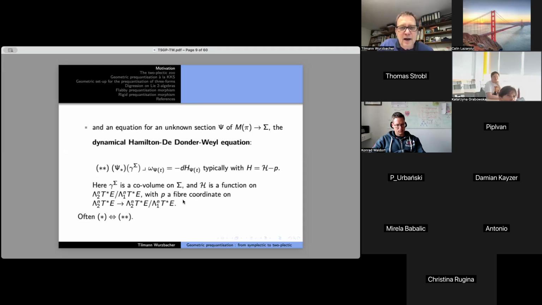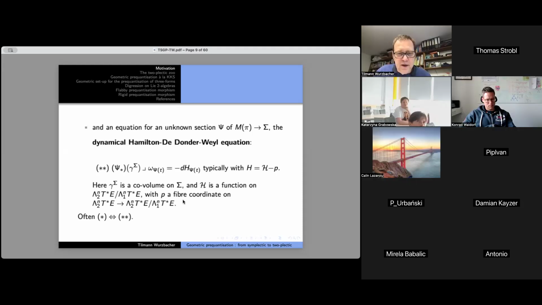And this is the analog of time-dependent mechanics if you work on interval times T star of Q. But you can also formally go to T star of the interval times T star of Q. This is symplectic.